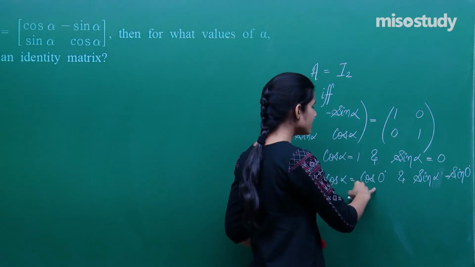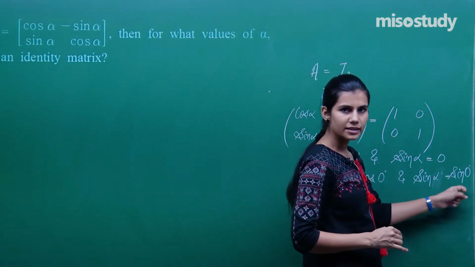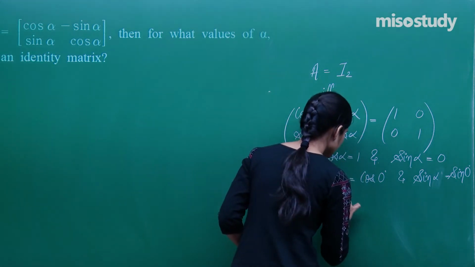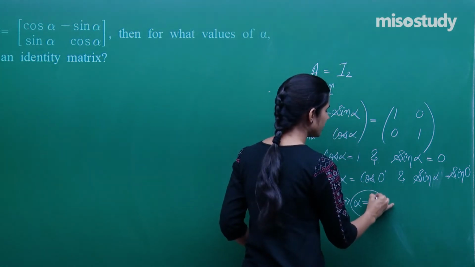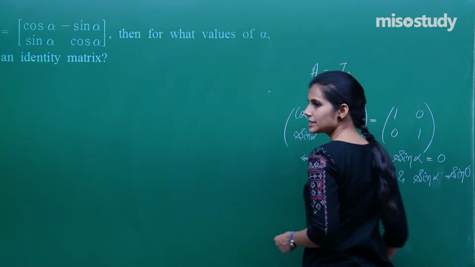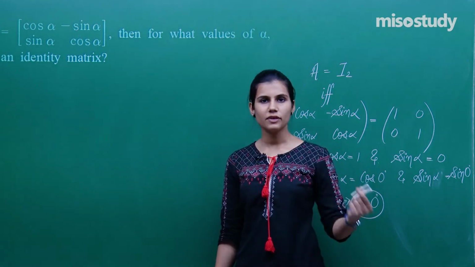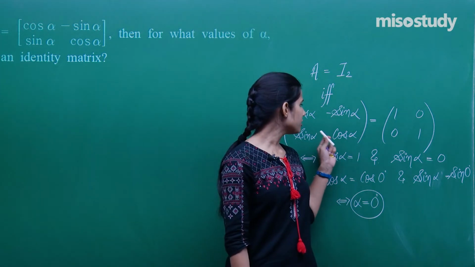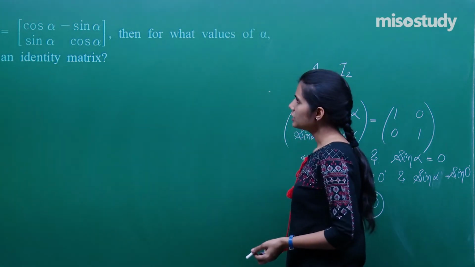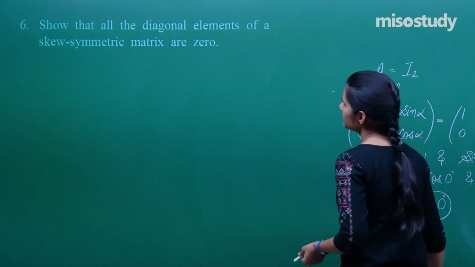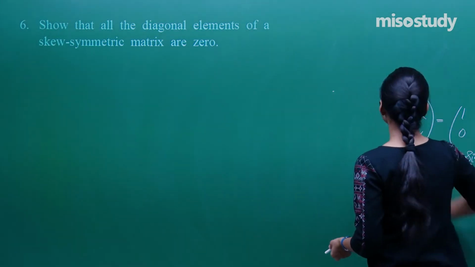So, cos alpha is equal to cos 0, sin alpha equals sin 0. This itself means alpha is 0. When alpha will be equal to 0 degrees or 0 radians, then sin alpha will be equal to 0 and cos alpha will be equal to 1, in which situation this matrix will be equal to identity matrix of order 2. After this, we have to show that all the diagonal elements of a skew symmetric matrix are 0.